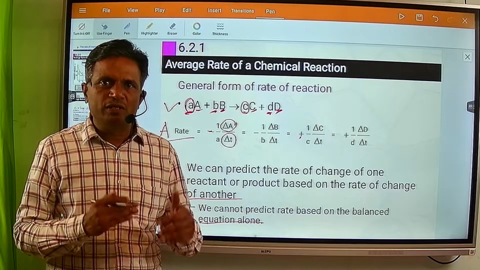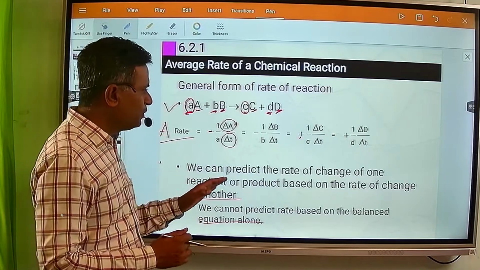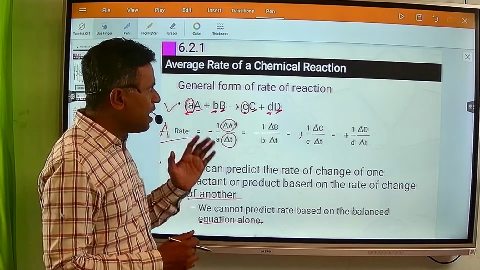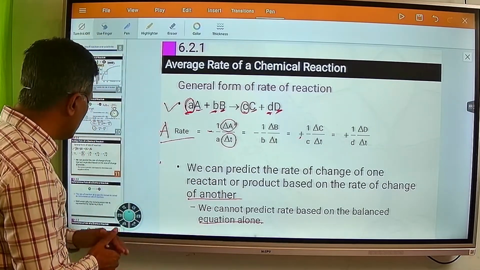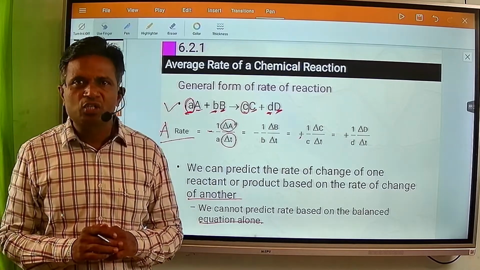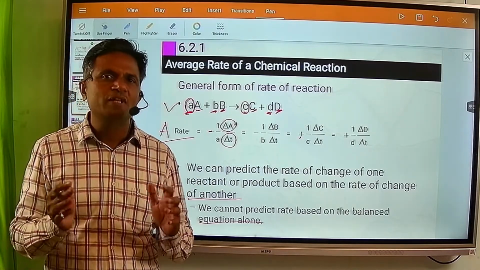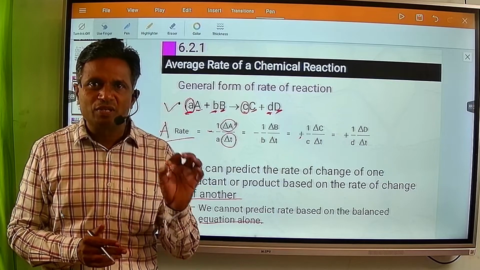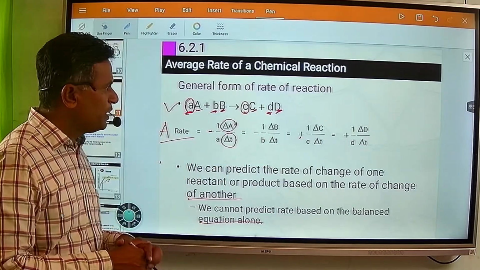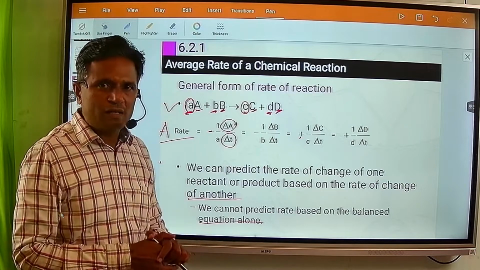Whenever we determine the rate, we have to predict it with respect to another one. So this is what you have to remember at this particular point about the average rate of reaction. In exams they may ask the question, what is average rate and how it is determined. So this is what it is about the average rate of chemical reaction.